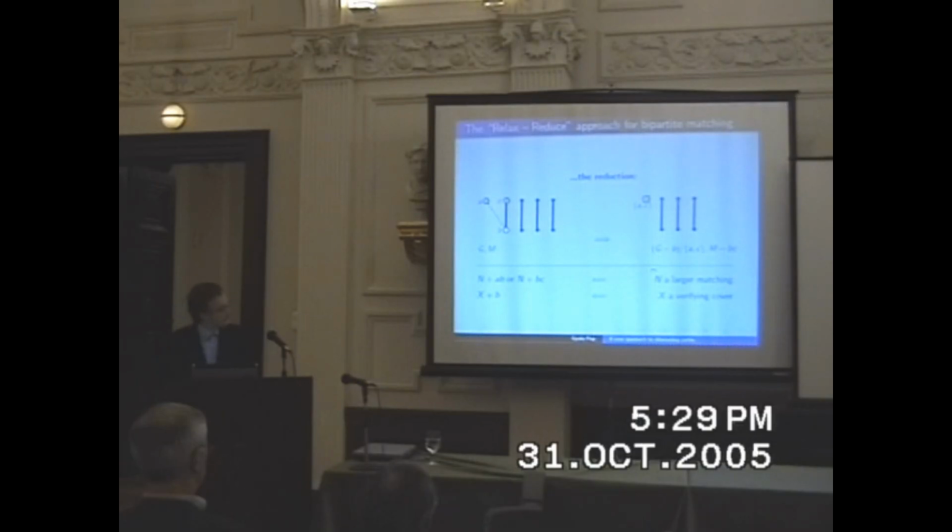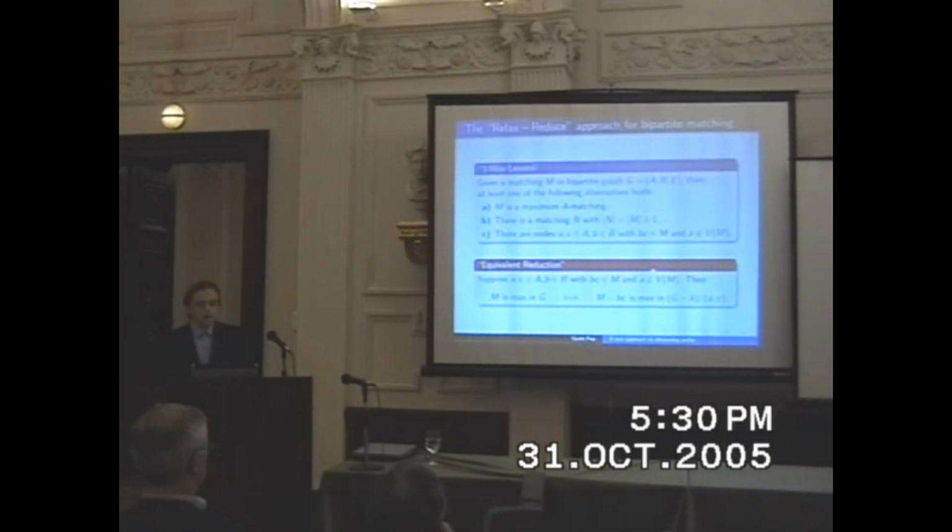Now, both of these cases extend to the original graph G. For augmentation, we just add the edge AB or BC to get a larger matching in G. And also it is easy to see that if we have a verifying cover X in G prime for M prime, and X does not contain the yellow dot, then X plus B will determine a verifying cover in the original graph. That is the proof.